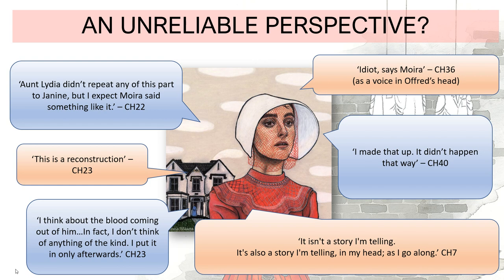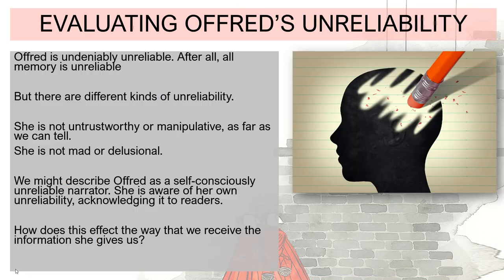So it's interesting for us to think how unreliable Offred is, and this was mentioned in class, but we can evaluate Offred's unreliability by saying this, that of course she's unreliable. We know she's unreliable, and she admits to her unreliability, but because we're being presented with a realistic individual perspective, we know that our memory and our perception of events is often unreliable.